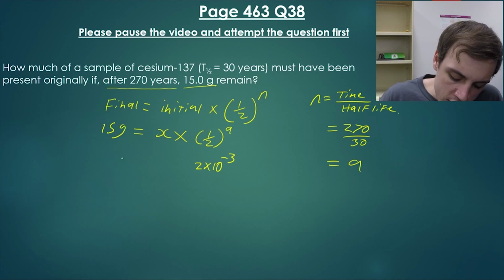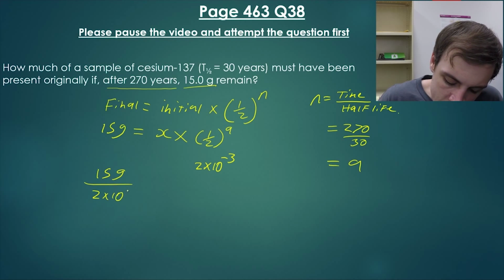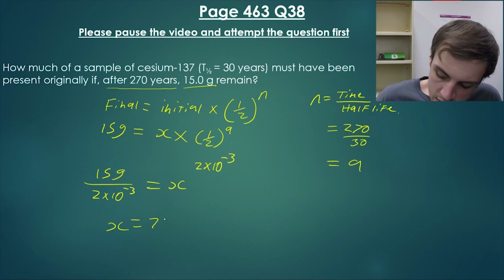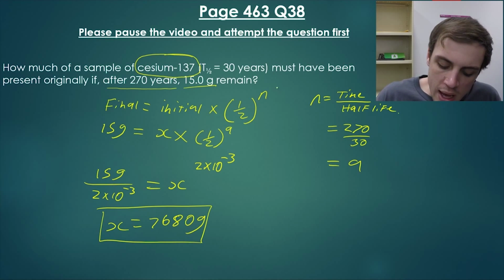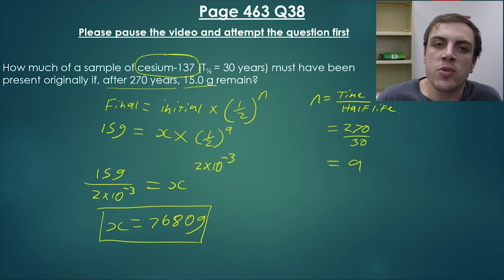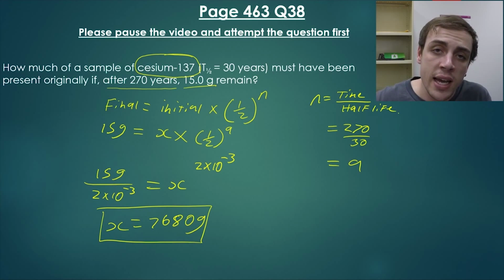So we rearrange this: 15 grams divided by 2 times 10 to the -3 equals x. So x is going to equal 7,680 grams. So 270 years ago, we had 7,680 grams of cesium-137. However, after this time, only 15 grams remained because of the half-lives, and it kept just dividing.